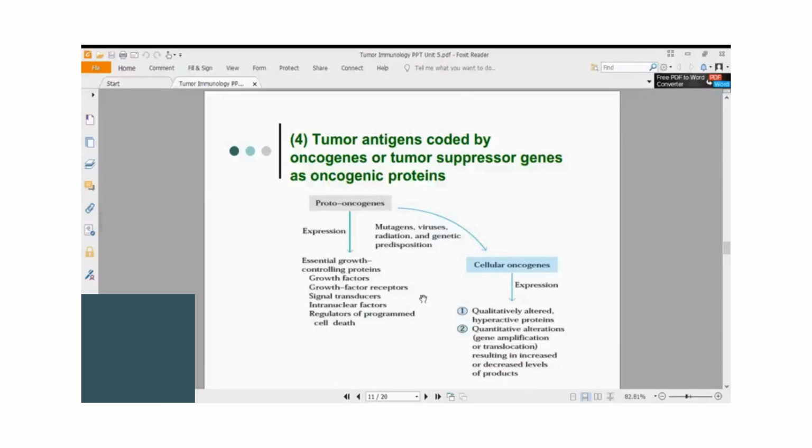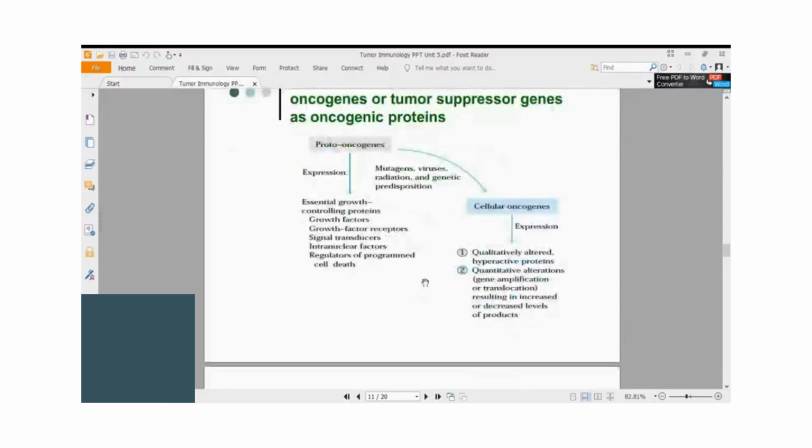So those proteins which are produced internally, performing different functions, are presented on class 1 MHC by the cells when they are proto-oncogenic products. And when they are proto-oncogenic products, they are considered as self antigens. They are considered as self antigens, so there is no immune response.